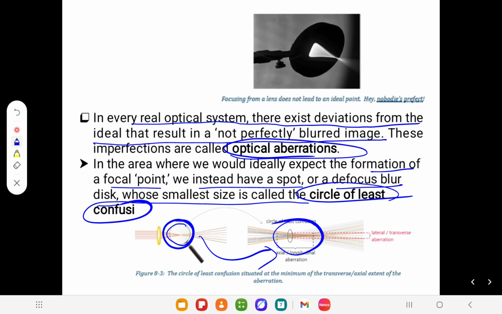Later on we will talk about it, in the case of paraxial approximation, how it happens. Today I'm just telling you that we feel it's the focus point, but if you zoom in, you can see that it's not exactly a point, and there is an element of circle of least confusion.